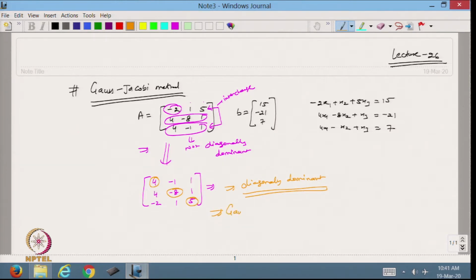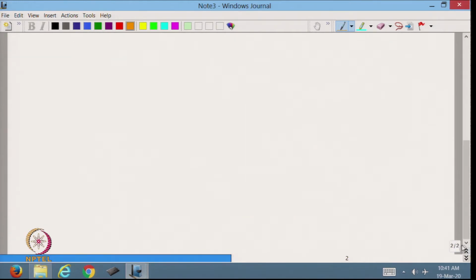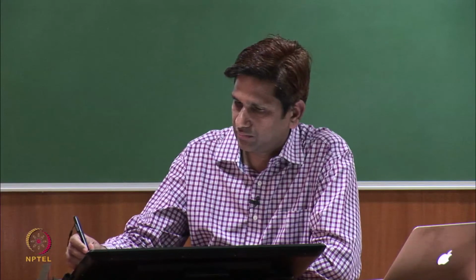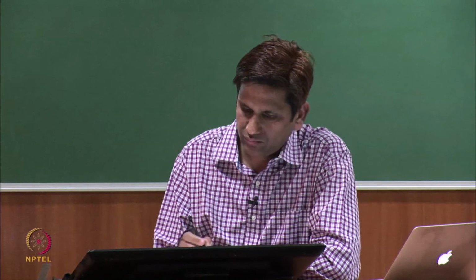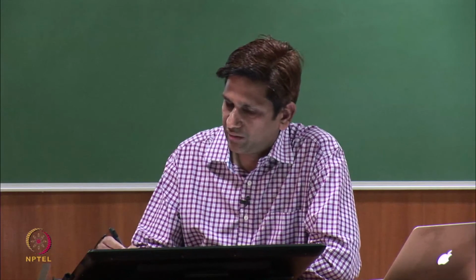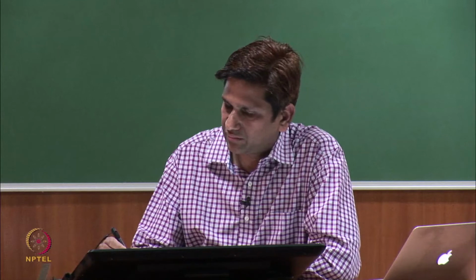So the Gauss-Jacobi method will converge. I can see this from here, and if it converges, then as I told, the eigenvalues will be less than 1.